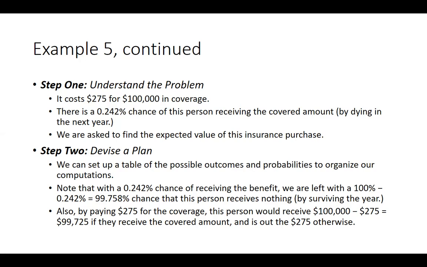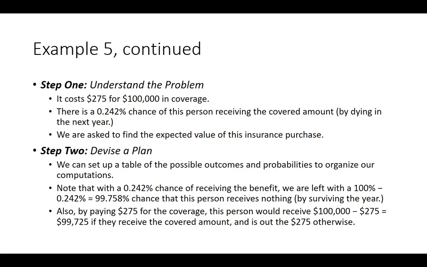Note that with a 0.242% chance of receiving the benefit, we are left with a 100% minus 0.242% or 99.758% chance that this person receives nothing by surviving the year.